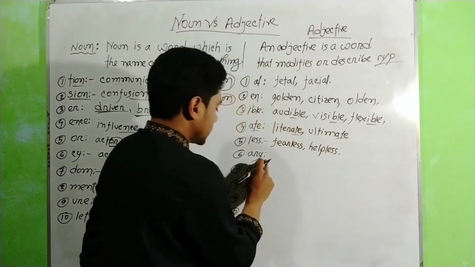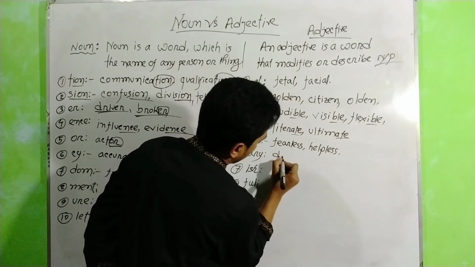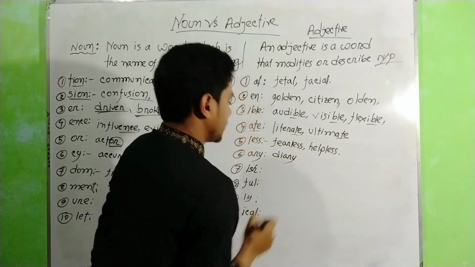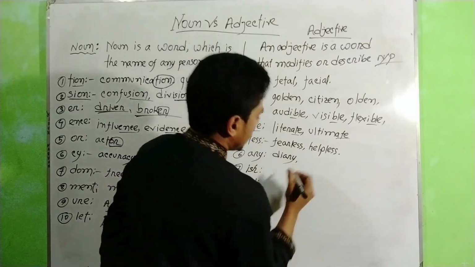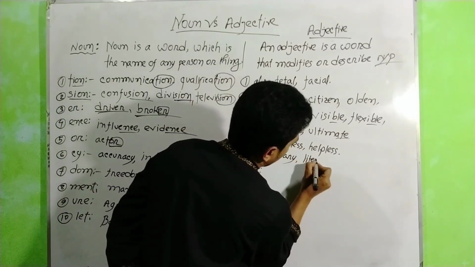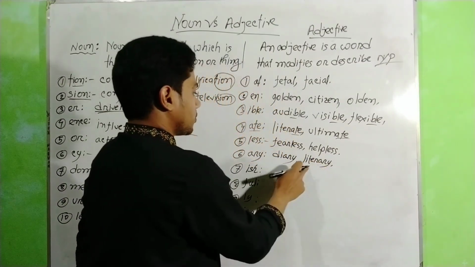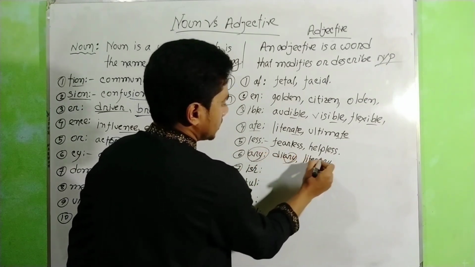Let's see number six, ary. You can say dairy. Also, you can say literary. There are so many words, but look at this, ary is common here.